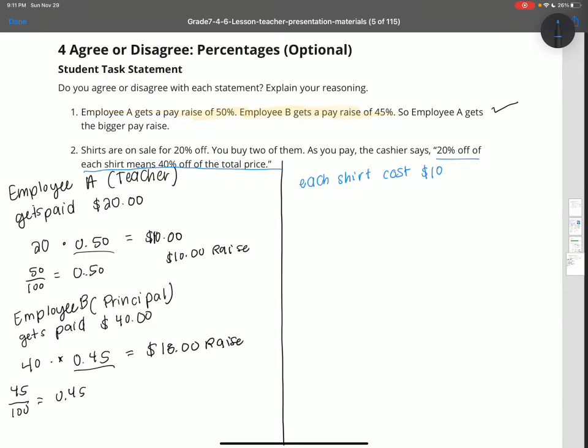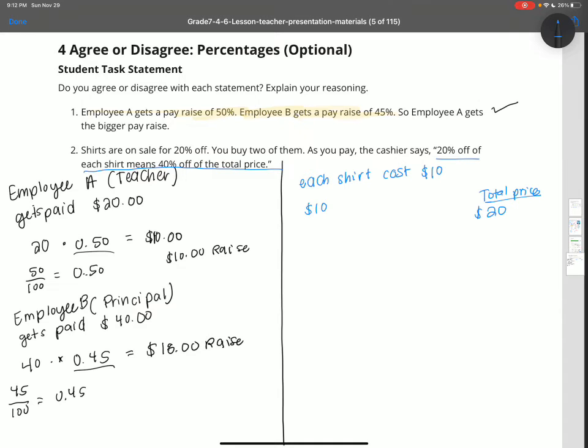So what this person is saying is, we said 20% off of each shirt means 40% off the total price. So this is $10. $10 plus $10 will be $20 on the total price. Okay, total price will be 20.